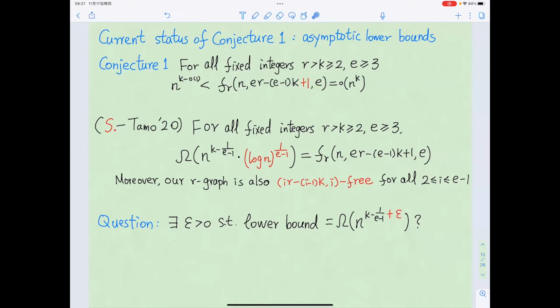Maybe this problem is not that easy, because in a parallel line of work, people do not know an easy way to significantly improve the Ramsey number of, for example, the complete bipartite graphs. For most cases, people can only obtain this logarithmic improvement.